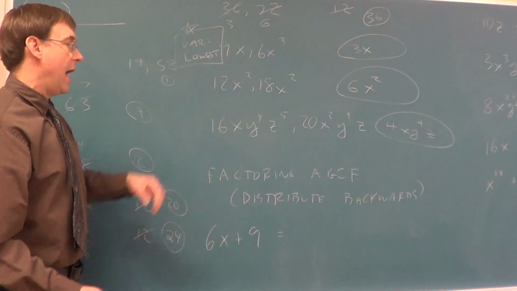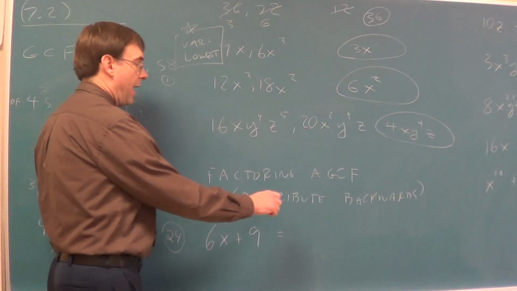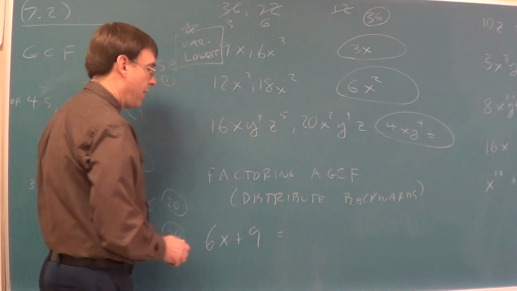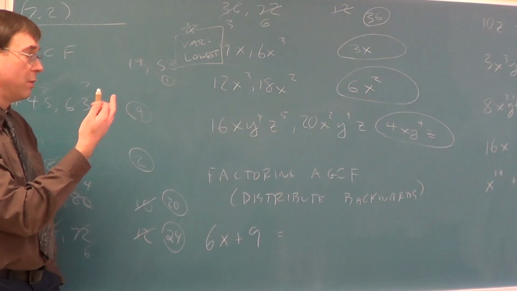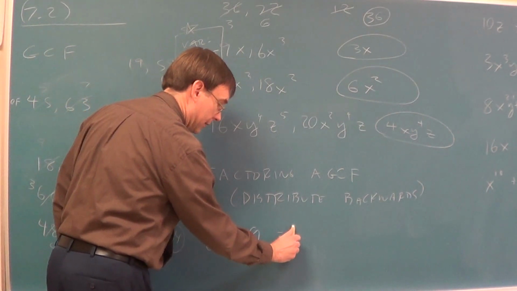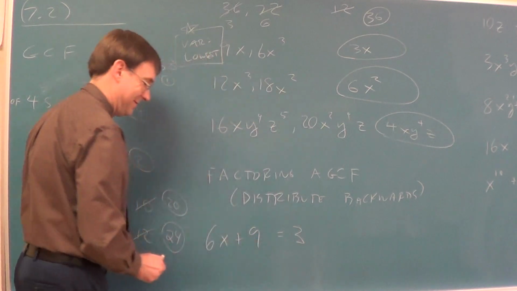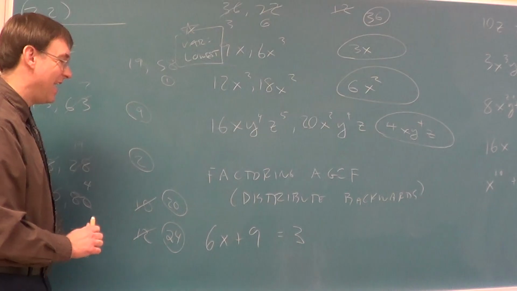Then we're going to use that and go a step further. There's a new thing to your life called factoring a GCF. The first thing you have to do to factor a GCF is figure out the GCF, like what we were just doing. So if I look at 6 and 9, we pick 3.